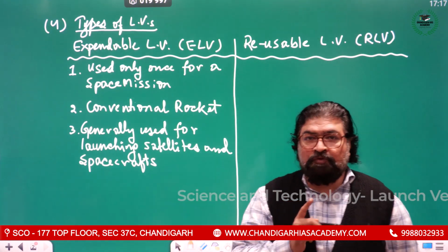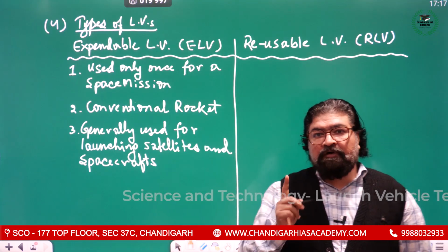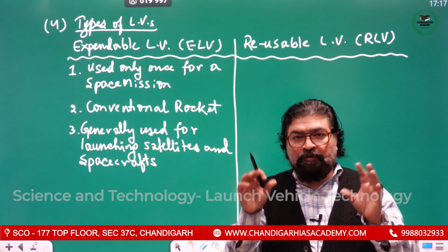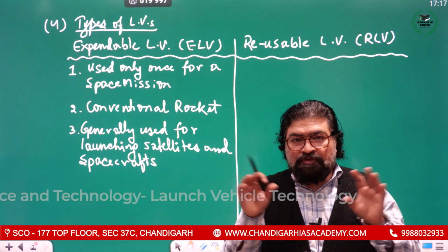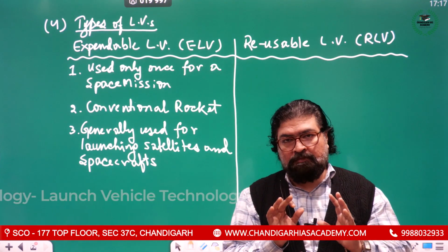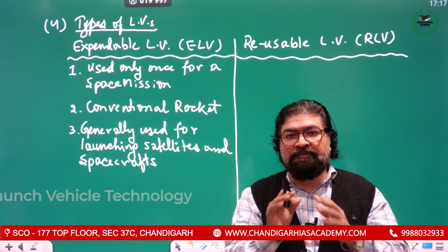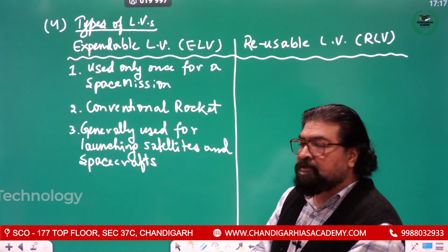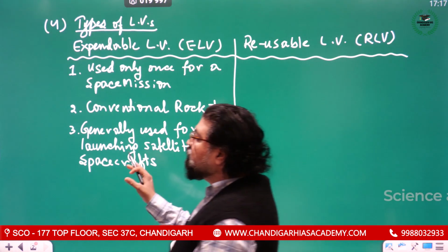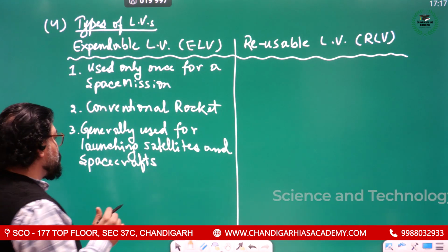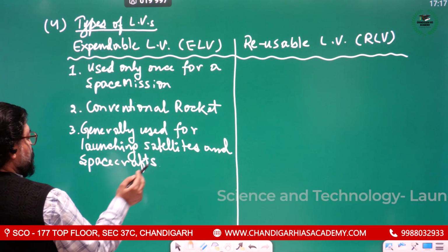But we can use such an ELV for human space flight if we place astronauts inside a module, what we call a human crew module. And just like a satellite, that crew module can be dropped into the orbit. That is possible. But generally it is used for launching satellites and spacecraft, right?